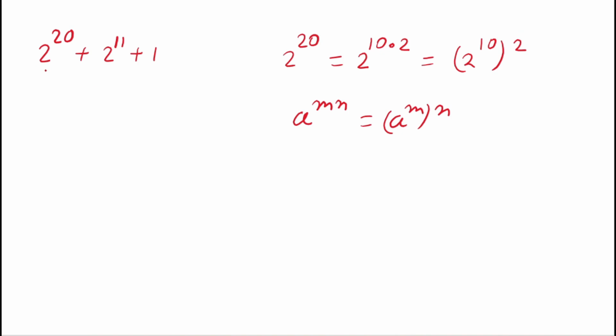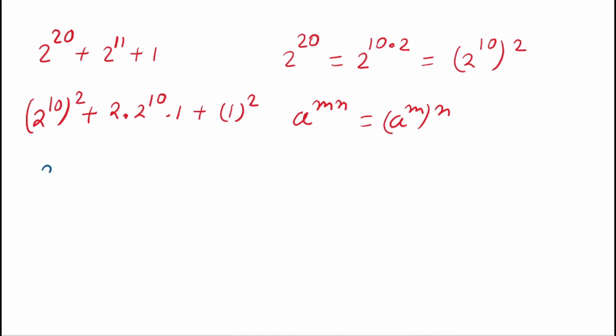Now 2^20 is (2^10)^2, plus 2^11 is the same as 2 times 2^10, and if we multiply by 1, the number is not changed, plus this one is the same as 1 squared.